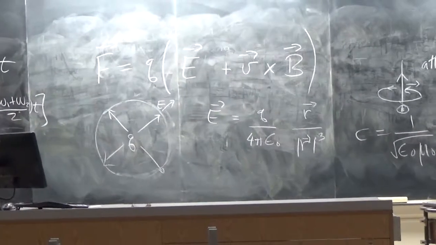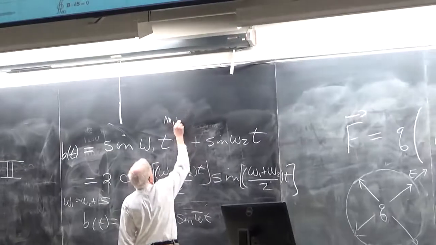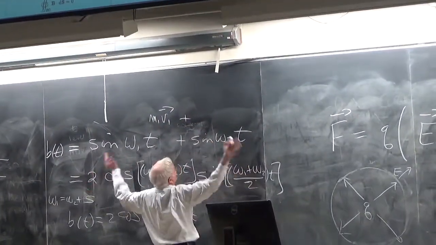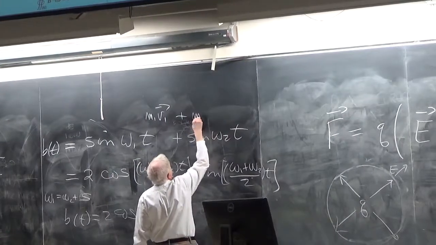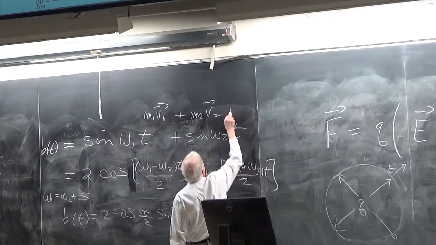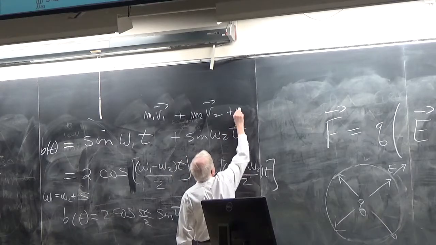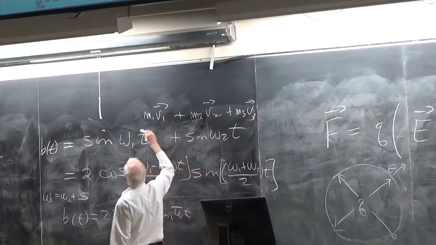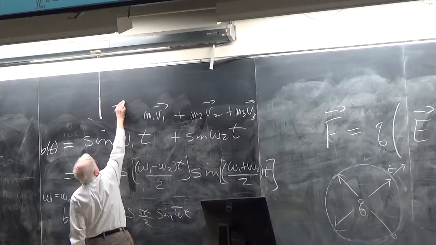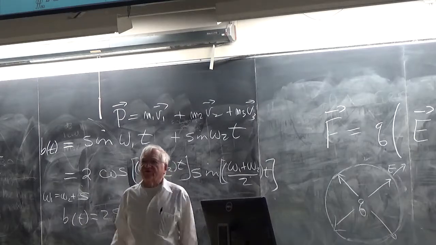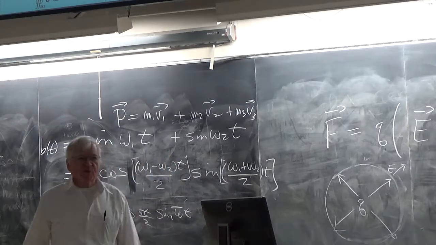you have a bunch of particles, M1 with velocity V1. I'm writing things down non-relativistically for simplicity. M2, V2, so these are at low speeds. And so forth. So this is conventionally written as P. I suppose that stands for the first letter of some Latin word for momentum, or maybe some German word for momentum.